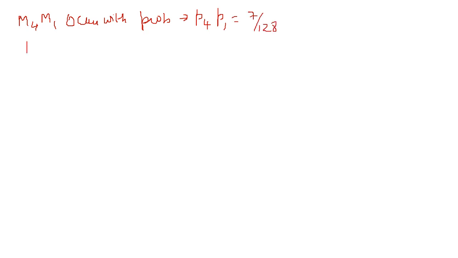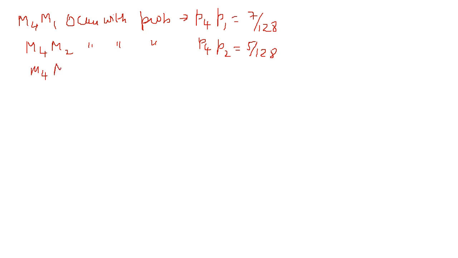The next message symbol will be M4, M1, which will occur with probability P4 into P1, which is equal to 7 by 128. Similarly, M4, M2 will occur with probability P4, P2, which will be equal to 5 by 128.